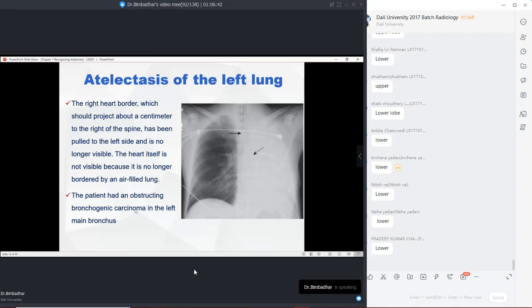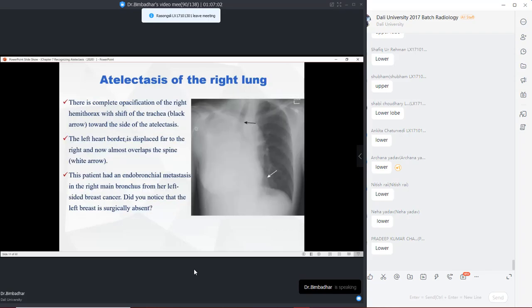Okay, so the collapse of the lingular segment and the lower lobar segments happens first, and then the upper lobar segments follow after some time. Okay, right? So this is how I can recognize the mediastinal structure shift as well.